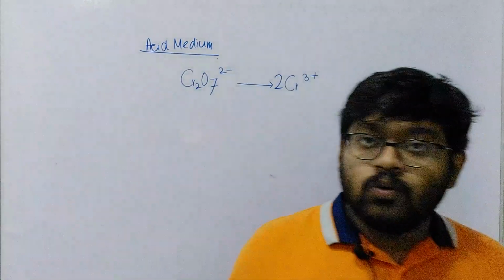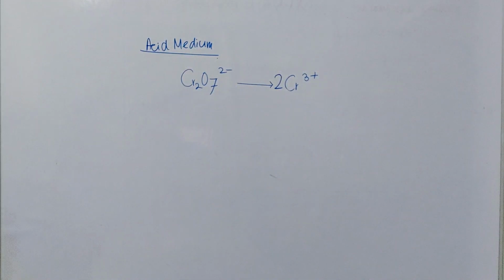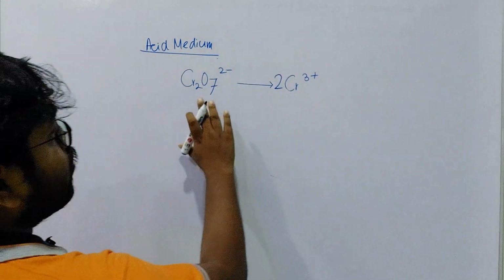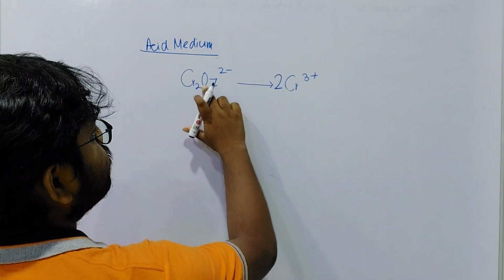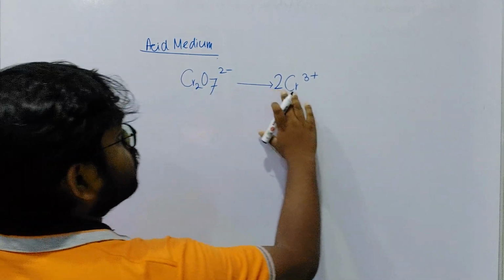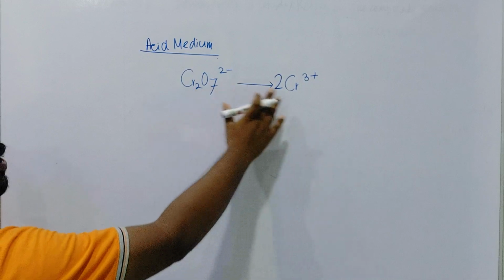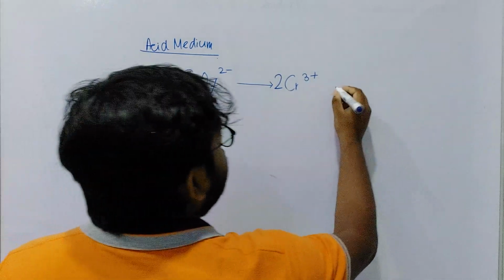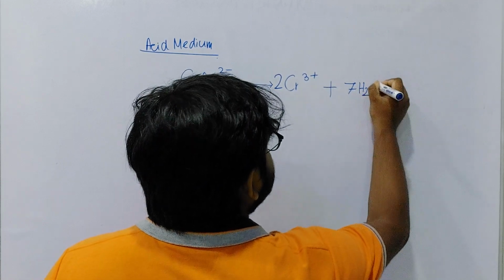So now what will we do? As we can see, there are 7 extra oxygen on the left hand side, but there is no oxygen on the right hand side. So to balance the number of oxygen, we need to add 7 water on the right hand side.